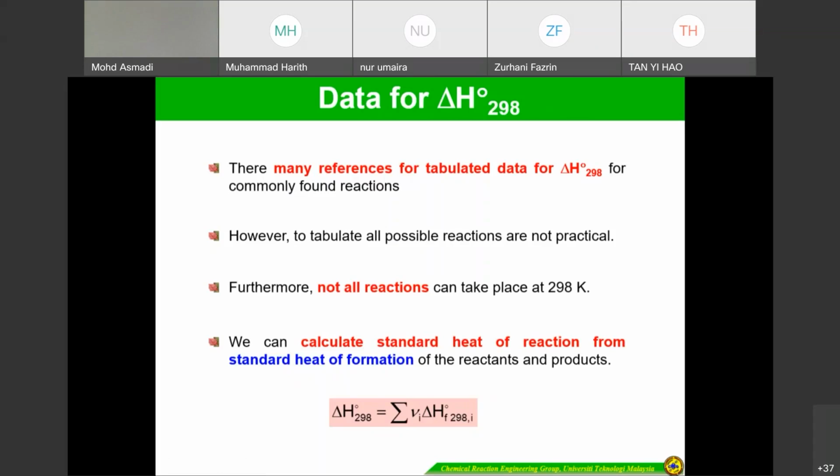So you have to refer to the appendix for the standard enthalpy and Gibbs energy of formation at 298 Kelvin and 1 bar. It is given, I think, in appendix C or appendix D. So you have to refer to that one, C4 or D4, or B4.